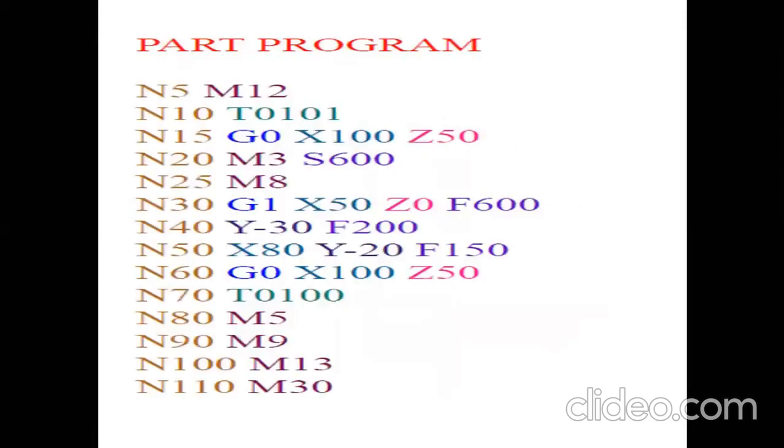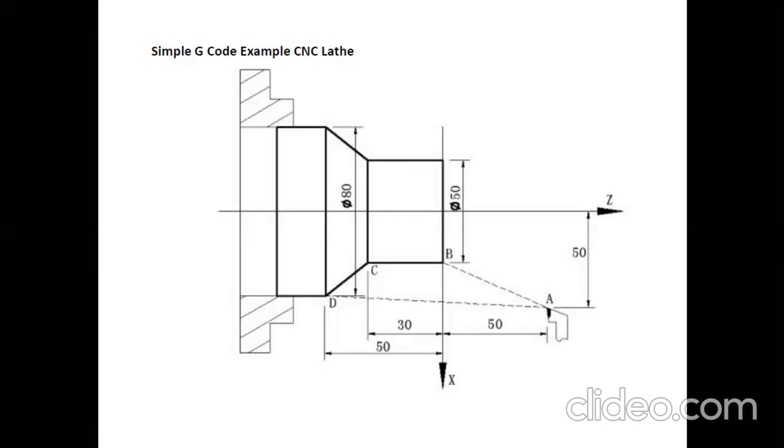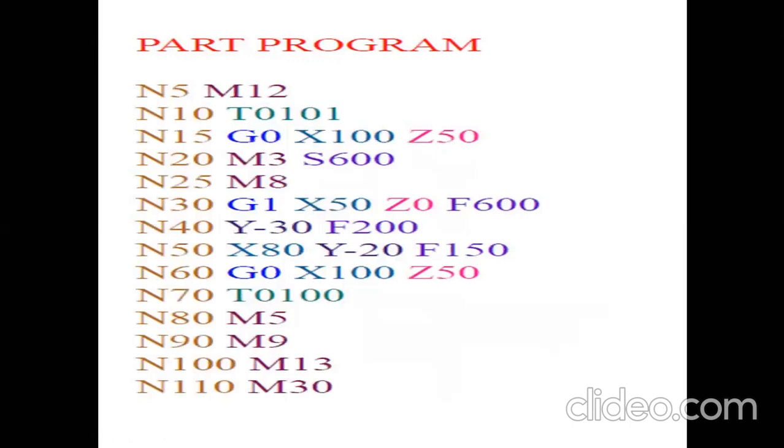What is your next command? N30, the next sequence number, represents G01, X50, Z0 and F600. G01 represents linear interpolation. Your tool is now at point A, and we have to move it from point A to B. So we specify linear interpolation G01, a linear movement of the tool from A to B. Its parameters are on the same line: G01, X50 and Z0.